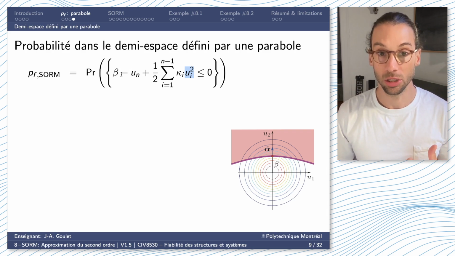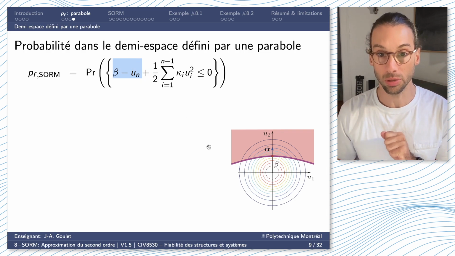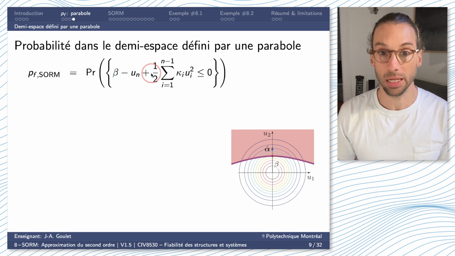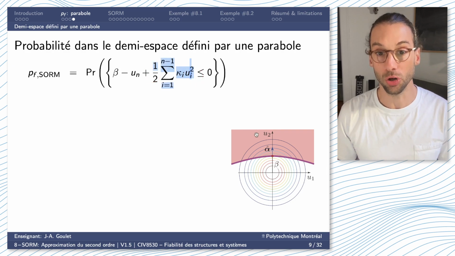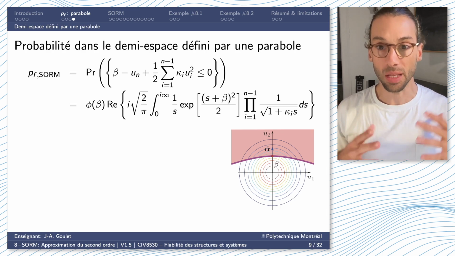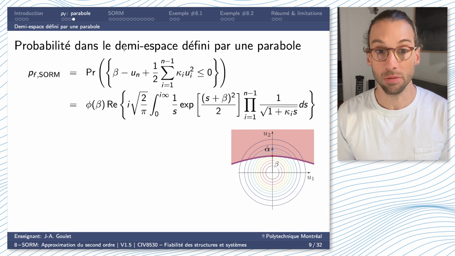So the probability that this reoriented distance from the origin, so this is going to be taking into account the distance of that parabola from the origin, and the second term is going to take into account the curvature of that parabola. So the probability of this lesser than or equal to 0, that's going to quantify my SORM probability of failure.